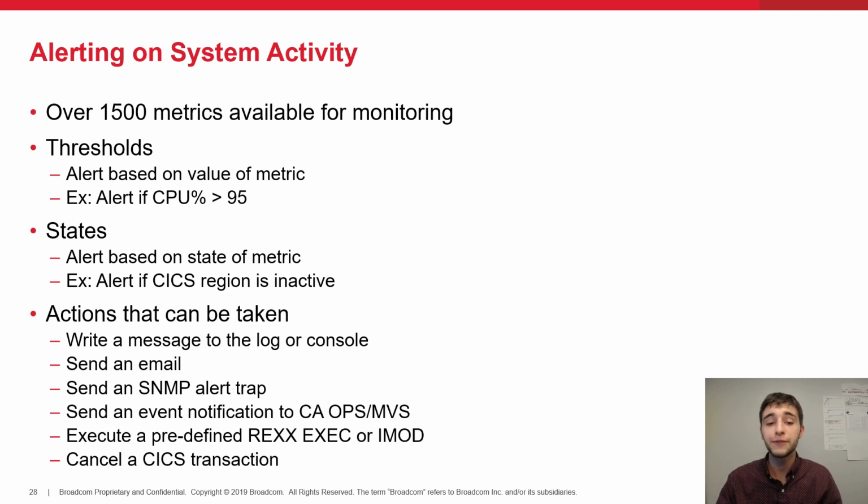A threshold definition consists of what metric this threshold is pertaining to, a limit value, a warning value, possibly a resource, for example a job name, what actions to take, and several other settings. So, for example, you could define a threshold for the CPU percentage metric with a limit of 95%. If the data collection process determines that the CPU percent value is 95 or higher, whatever action is defined on the threshold will be taken.